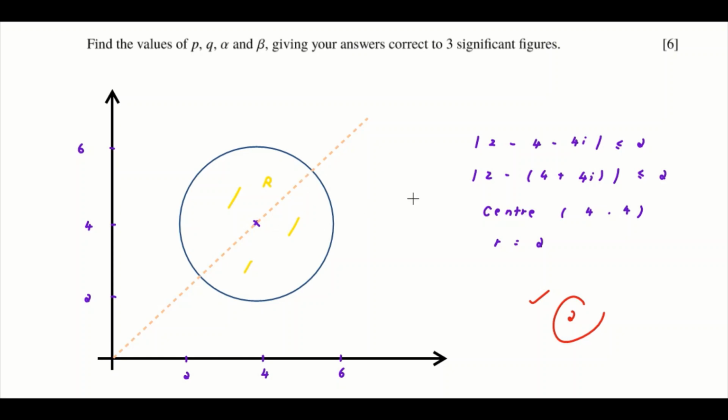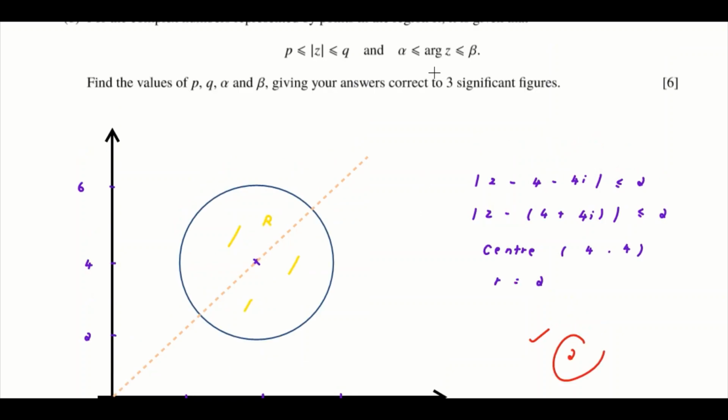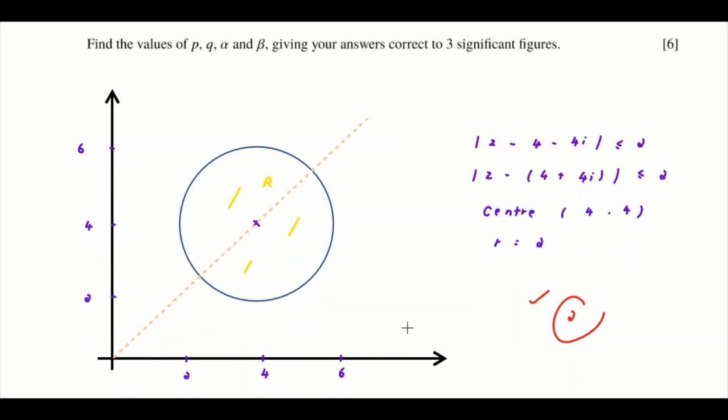Okay, now look at the second part. The argument of Z, the minimum that you have is alpha, the maximum that you have is beta. Same thing. Argument tells us the angle with reference to the positive x-axis. Am I right? So where is the minimum possible argument that you will get?